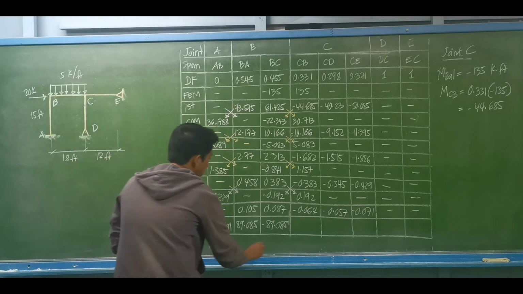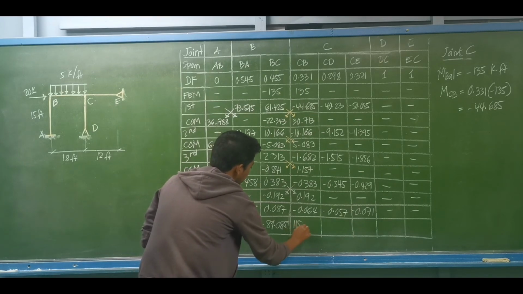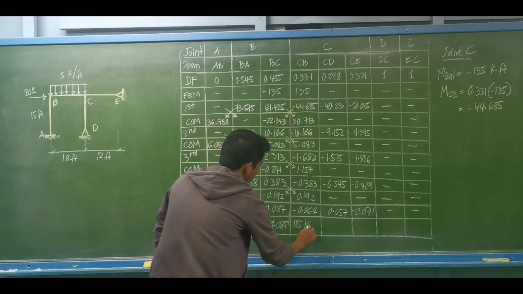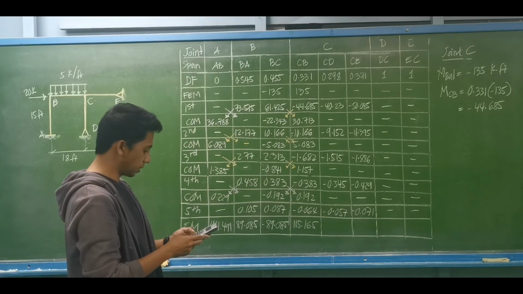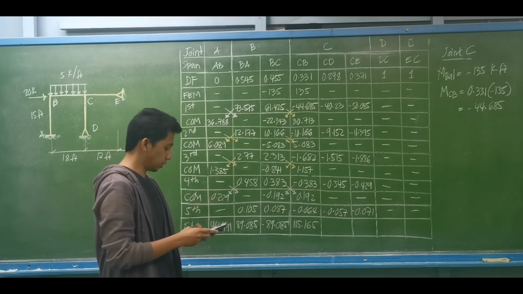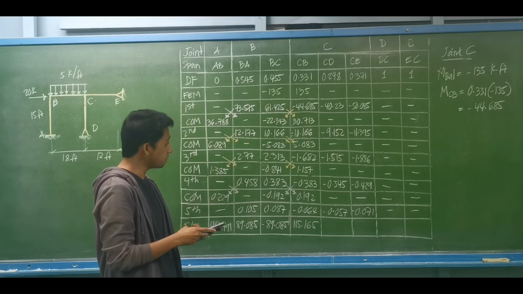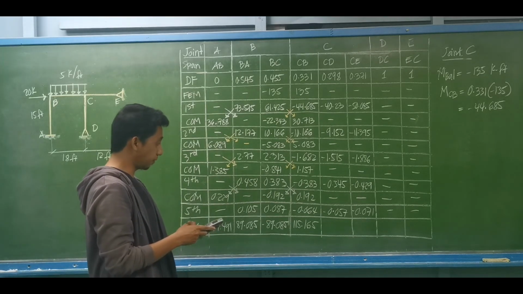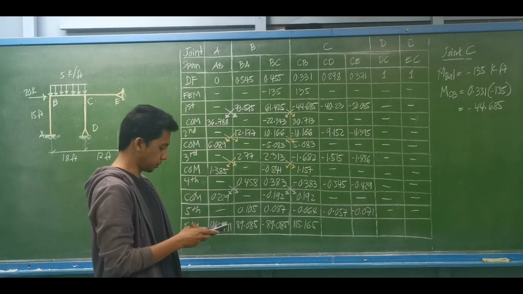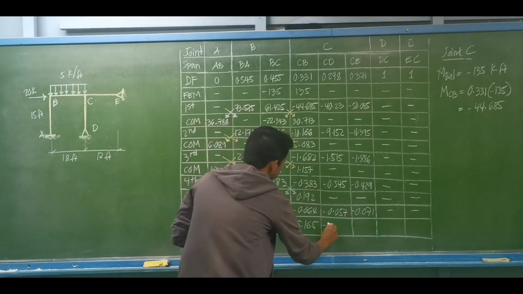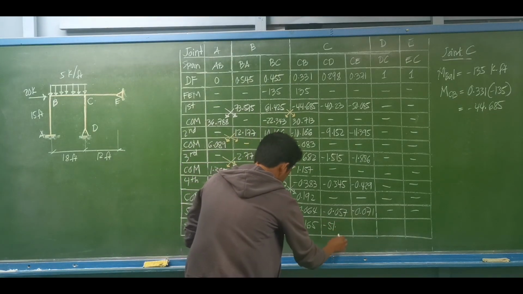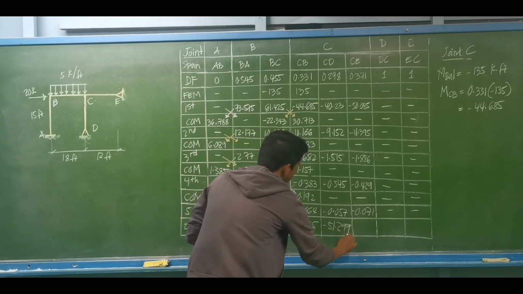This is equal to 115.165. And then CD, that is negative 40.23 minus 9.152 minus 1.515 minus 0.345 minus 0.057. It's equal to negative 51.299.